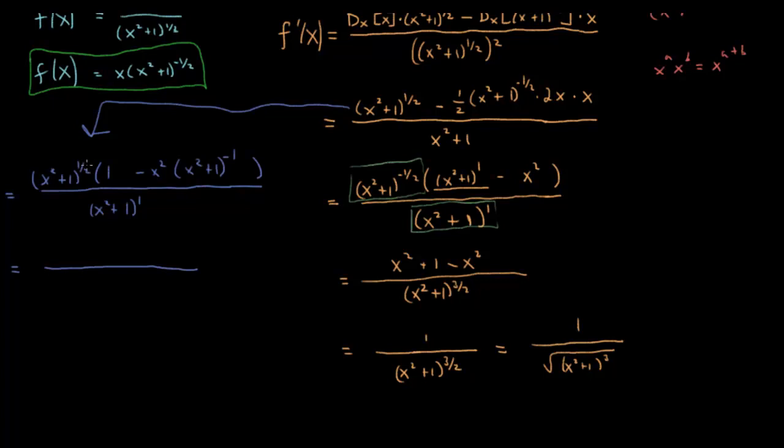So 1/2 minus 1 would give us an x squared plus 1 to the negative 1/2 on the numerator, but that would just give us an x squared plus 1 to the positive 1/2 power on the denominator. That's just your rules of exponents, the quotient rule of exponents. So then we would be left with 1 minus x squared times x squared plus 1 to the negative 1 power.